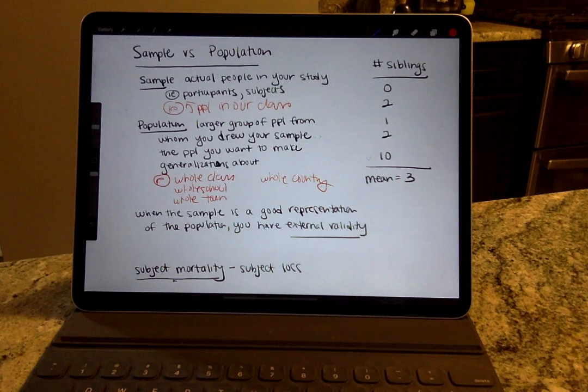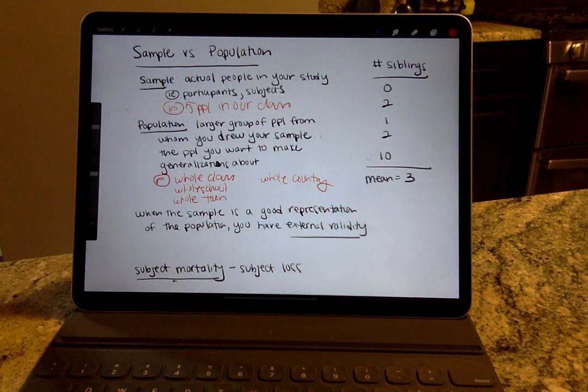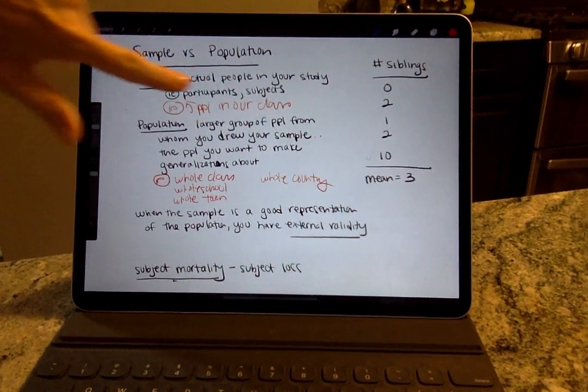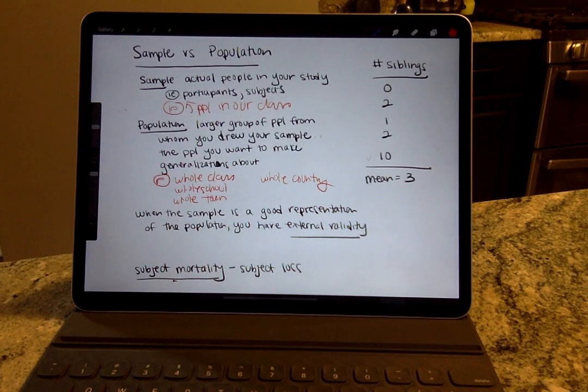So when the sample is a good representation of the population, you have external validity. Let's really try to decompose what I'm talking about here. Let's assume our sample is the 5 people in our class and that the population is the whole class. Are these 5 people a good representation of the whole class? Probably.